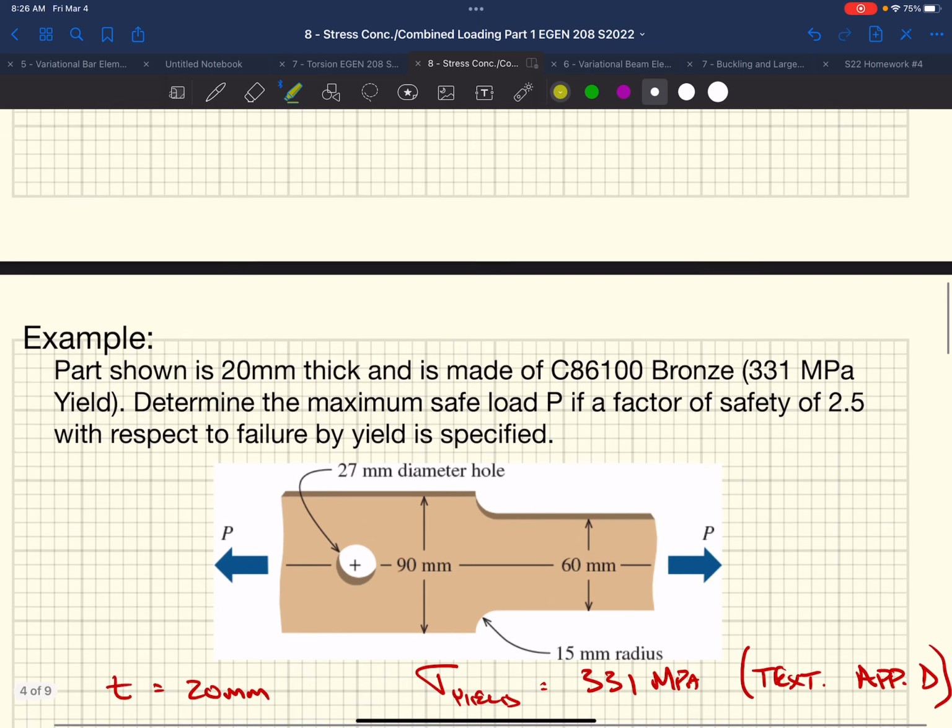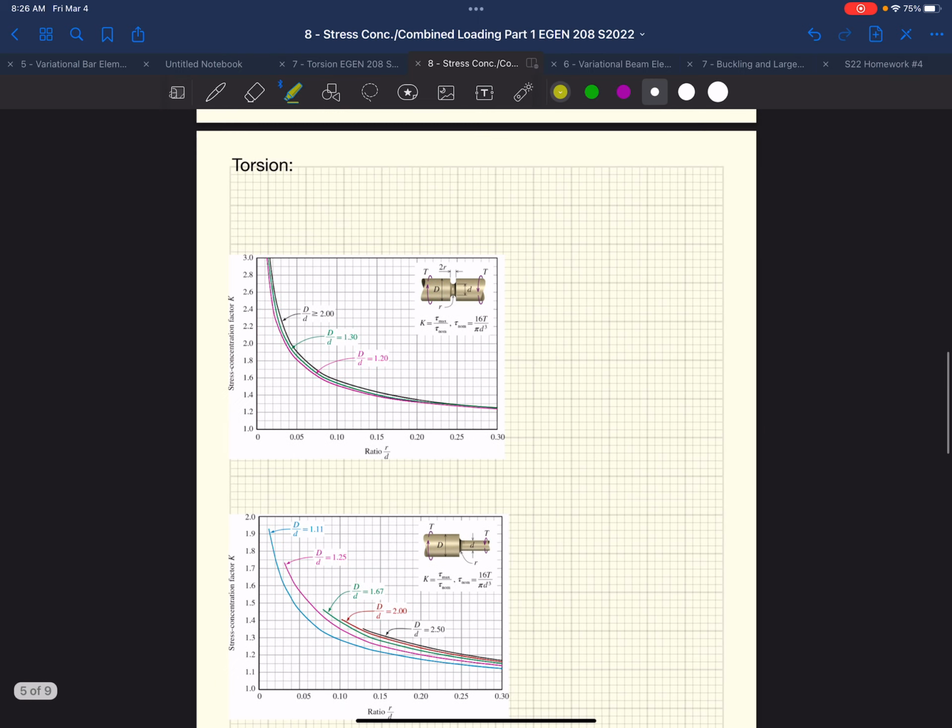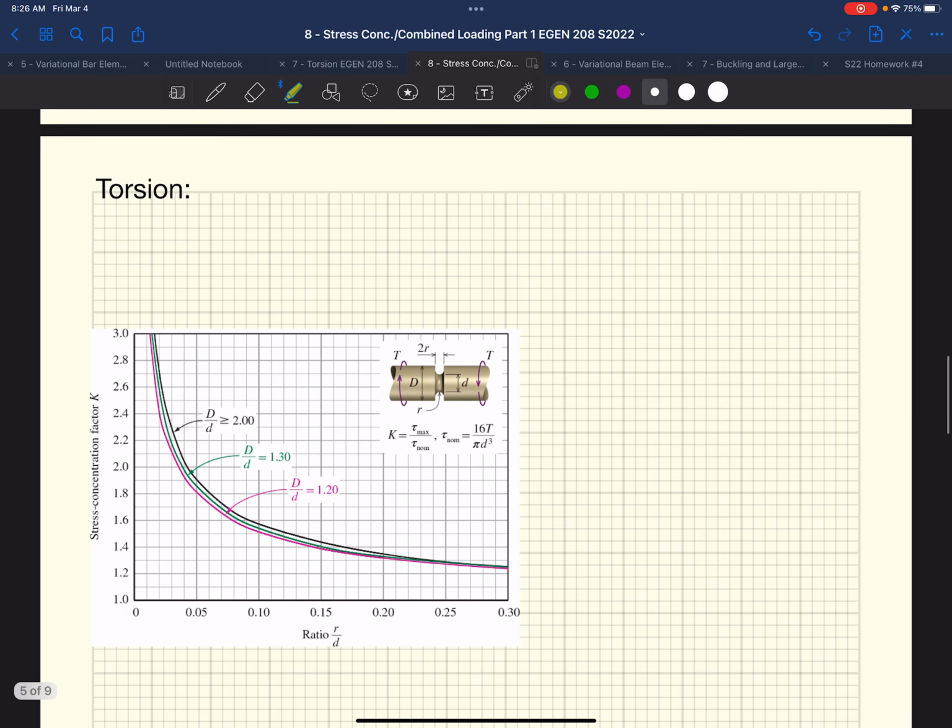Well, as you can imagine, with axial, we have the exact same behavior that happens in torsional systems also. So similar to axial concentrations, but now we're dealing with shear stresses, right, instead of axial stresses.